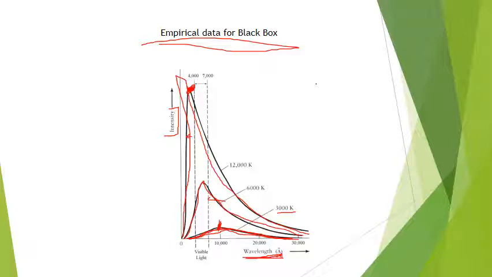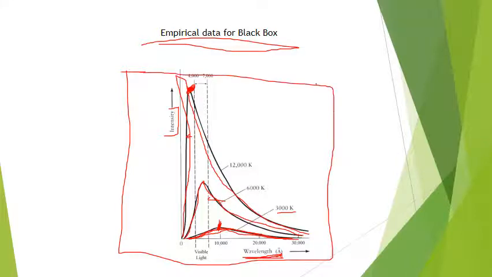What scientists and mathematicians tried to do was come up with a mathematical formula that would fit this curve, and that mathematics should be able to describe its physics, just like F equals ma is a mathematical formula that says as you increase the mass, you have to increase the force.